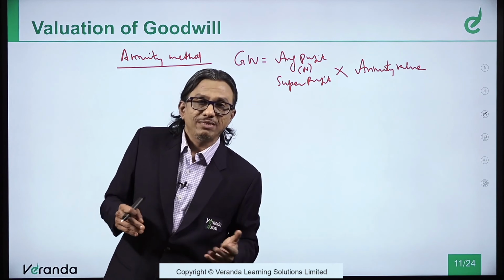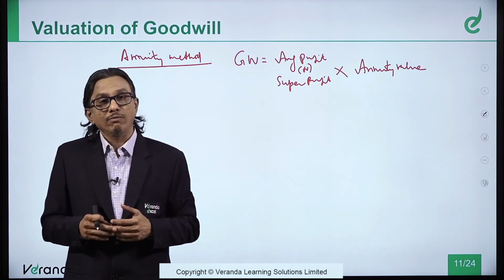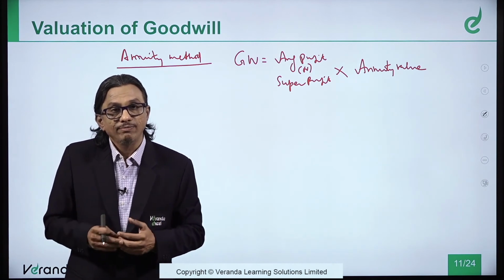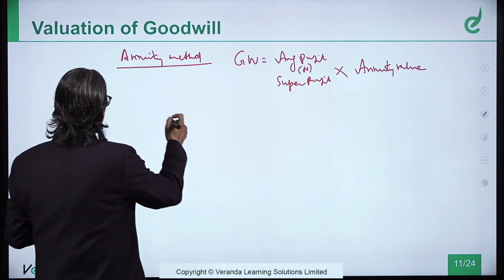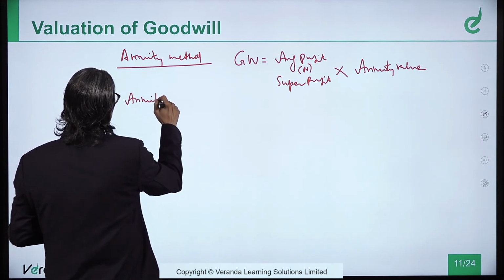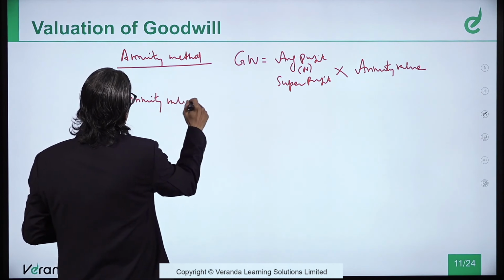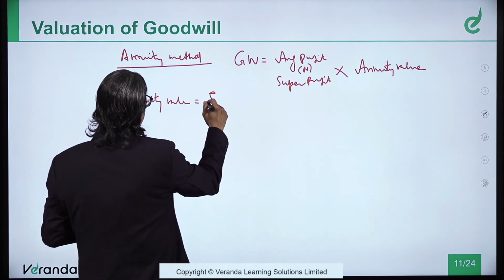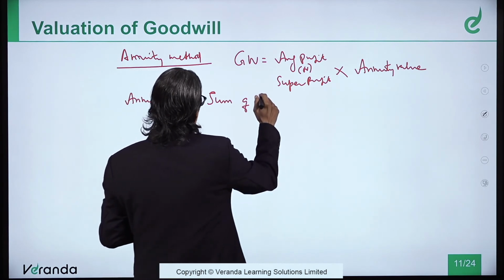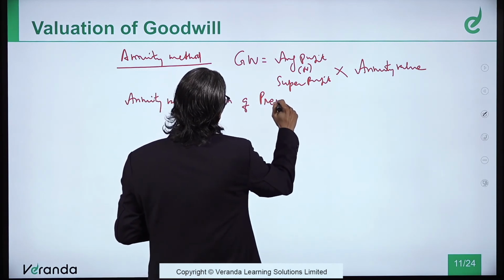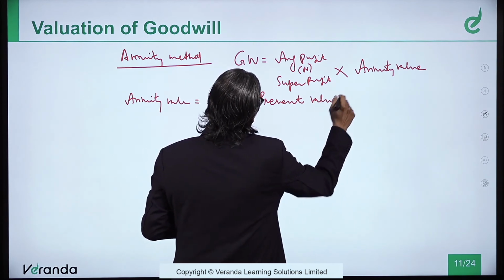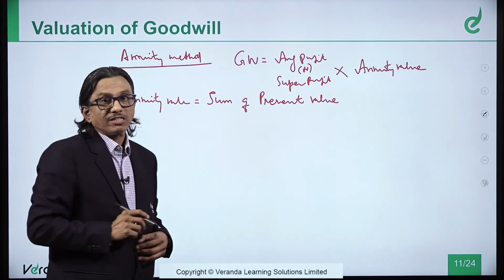But sometimes in the exam, the annuity value may not be given. How to find the annuity value? Annuity value is equal to the sum of present value. How to find the present value?